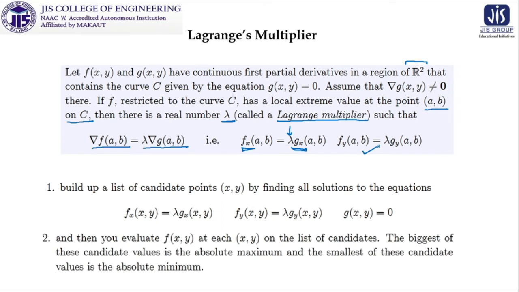And then we have to evaluate f(x,y) at each (x,y) of this list of candidates, because all of them have an equal chance of being the desired output. The biggest of the candidate values is the absolute maximum, and the smallest of the candidate values will automatically be the absolute minimum. So this process helps us find out this one, as well as this one. Clear?